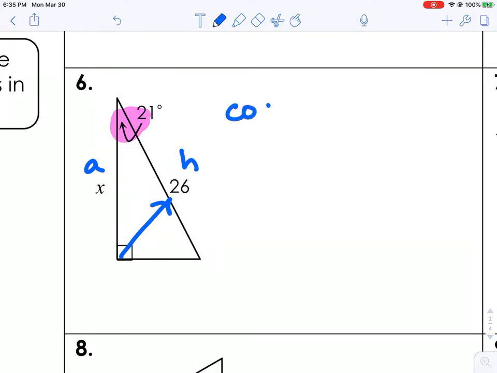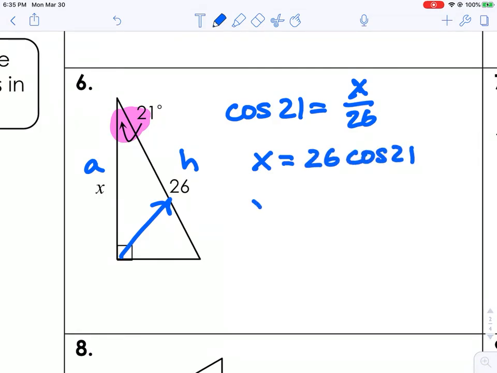So we're going to use cosine. Cosine equals adjacent over hypotenuse. Our variable is in the numerator, so we multiply. Putting that in our calculator, we get 24.3.